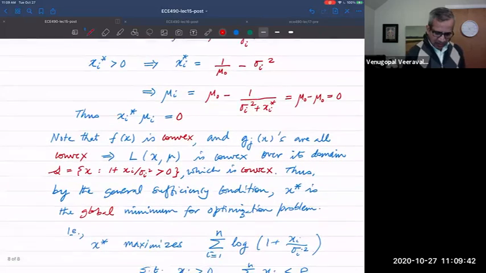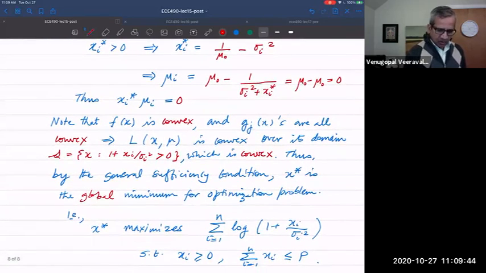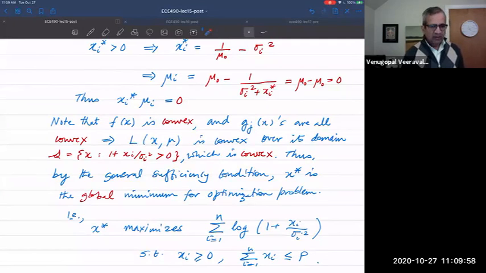So then all you have to do is check that L(x, mu) is convex over its domain. The domain is just this S. Okay, and it's easy to see that it's convex. And so by the general sufficiency condition, X star is the global minimum.